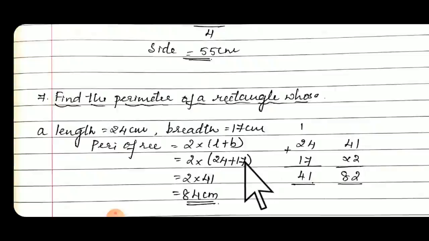You will get 220. Question number 7. Find the perimeter of a rectangle whose sides they have given. Length is equal to 24 centimeter and the breadth is equal to 17 centimeter. Perimeter of rectangle is equal to 2 into L plus B, that is the formula. According to the formula, it never changes, it will be 2 itself into the length, 24, plus 17, the breadth.